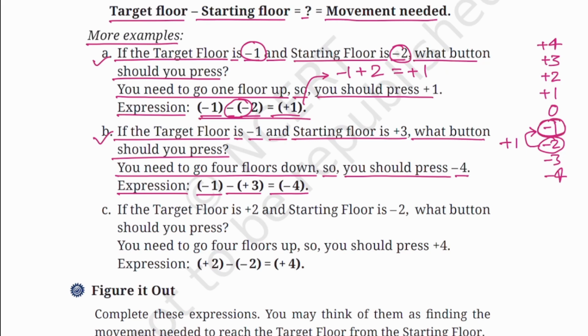Your target floor is -1 and your starting floor is +3. 1, 2, 3, 4. You have to move 4 floors down. Expression is here. If you see 1 plus and 1 minus, replace it with minus.